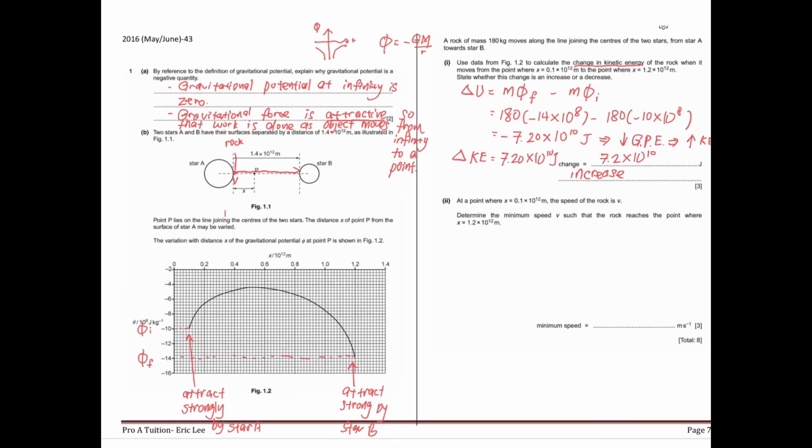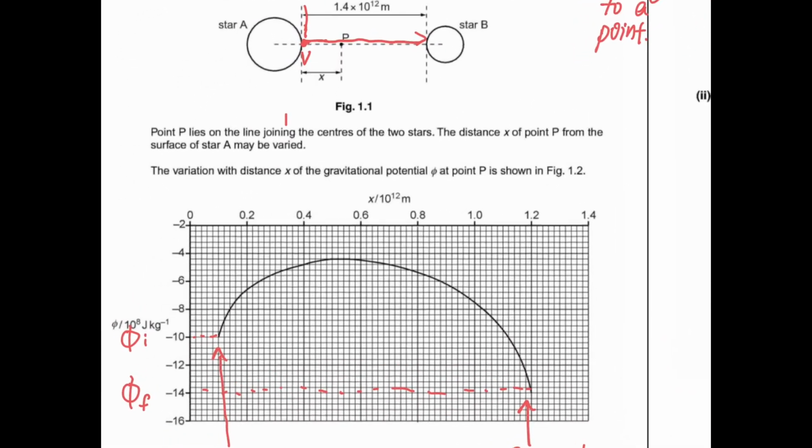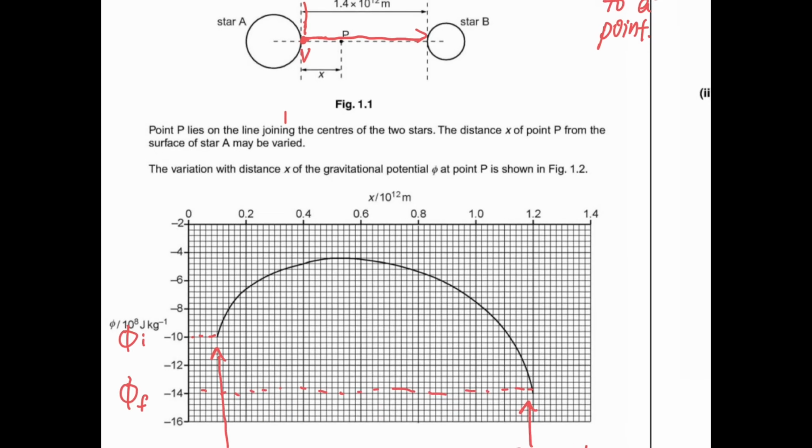Okay, so let's zoom a bit. If you can see it clearly, you should know that the maximum point of the graph is at the value of -4.4.